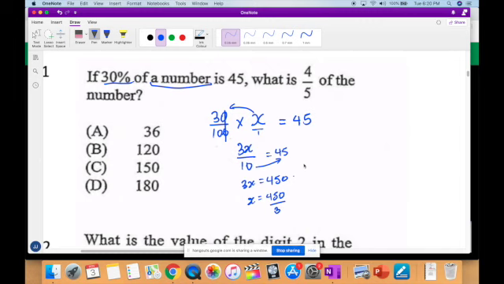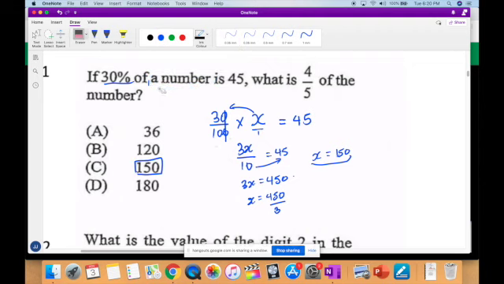So now x is equal to what? 150. So 150 is the number. But 150 is not the answer, because they didn't ask you for the number.